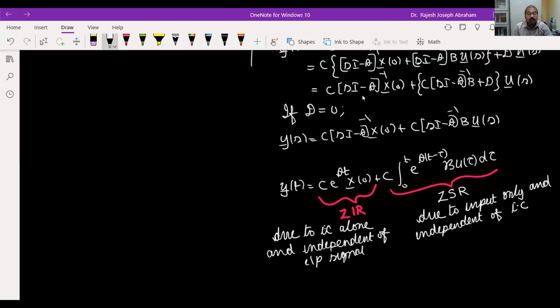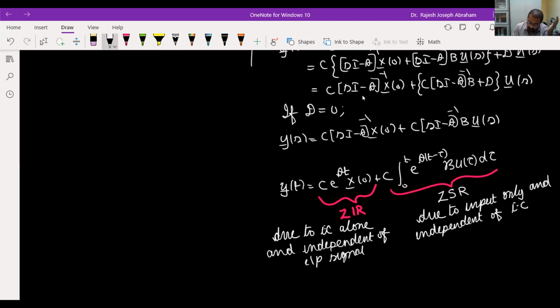When we discussed response in the undergraduate control systems course, we spoke of two terms: one is the transient part, and one is the steady state part. The transient part corresponds to the zero input response in state space form. The steady state part was due to the input signal, and that corresponds to the zero state response, which means it is due to the input only and independent of the initial condition. x of 0 is the initial condition and u is the input signal here.